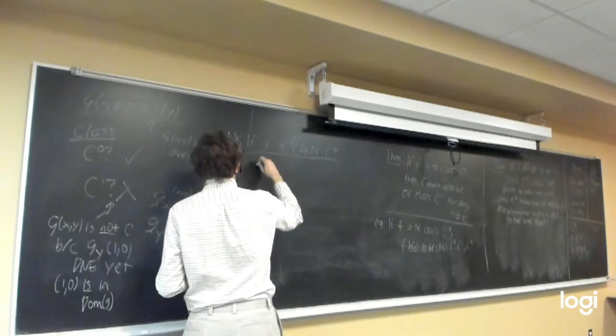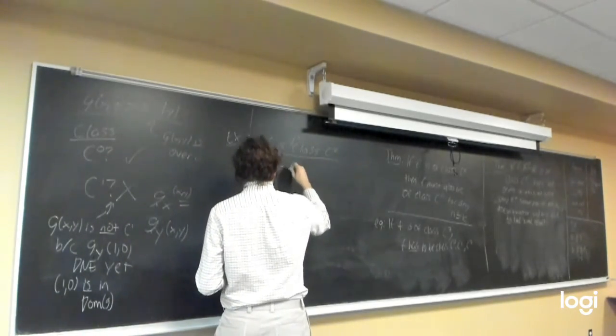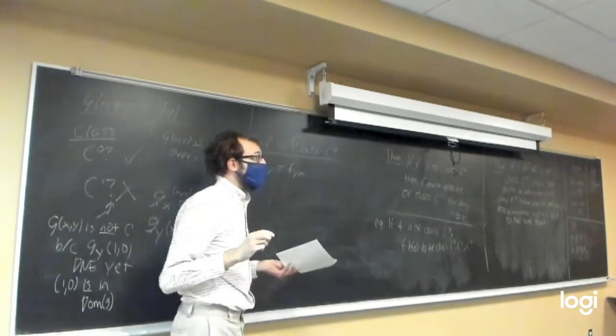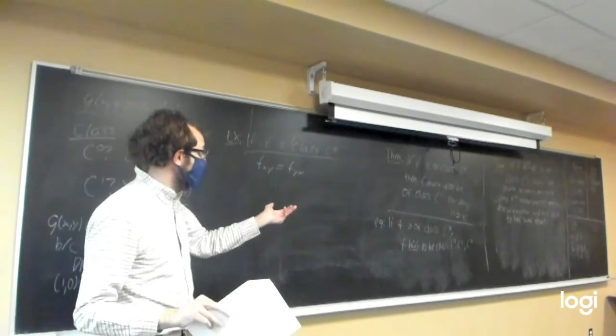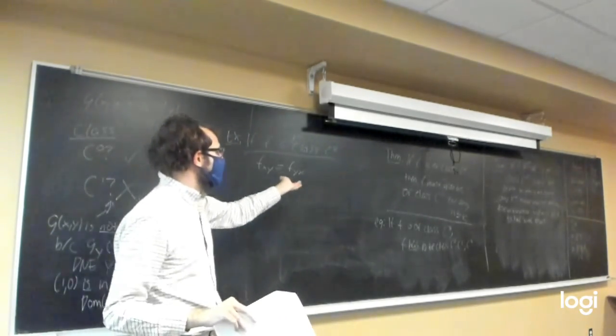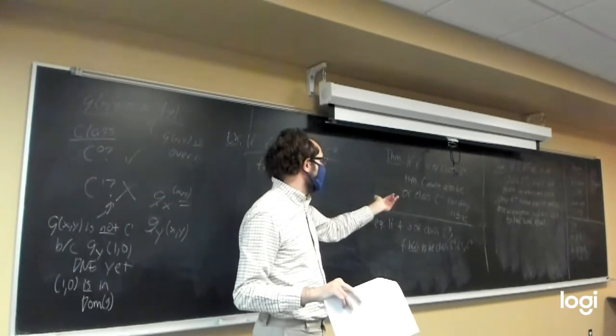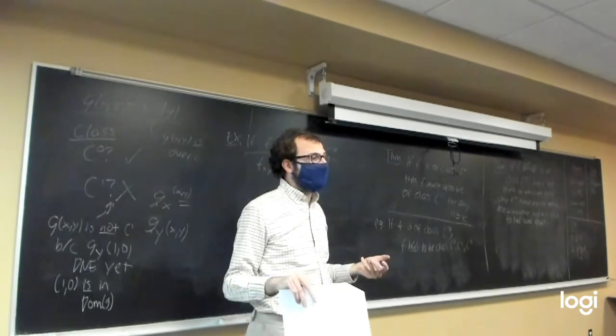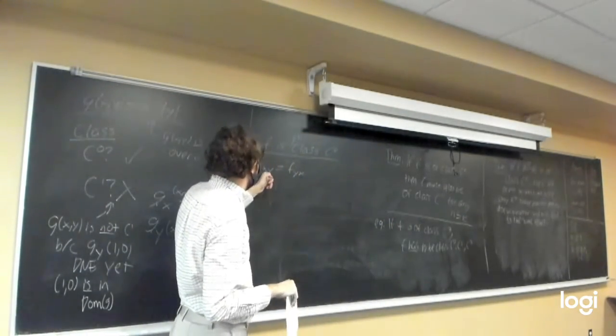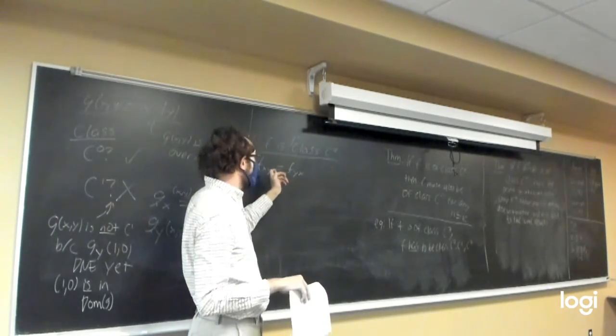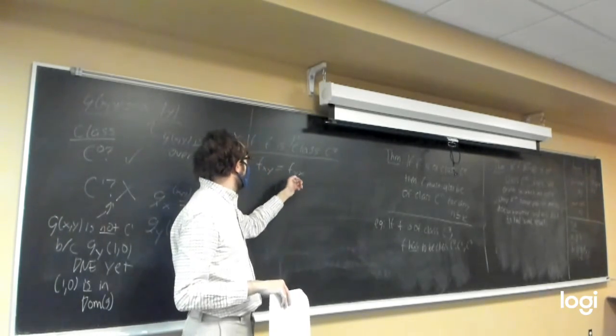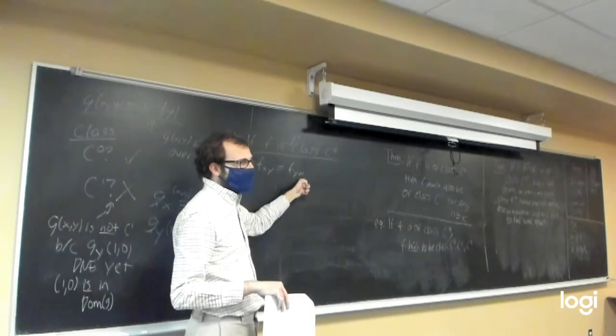So for instance, f sub xy would have to be equal to f sub yx. Because according to the theorem, if it's of class C2, then our second order partial derivatives, the order in which we take them doesn't matter. If we differentiate with respect to x and then y, we'll get the same thing as if we differentiate with respect to y and then x.